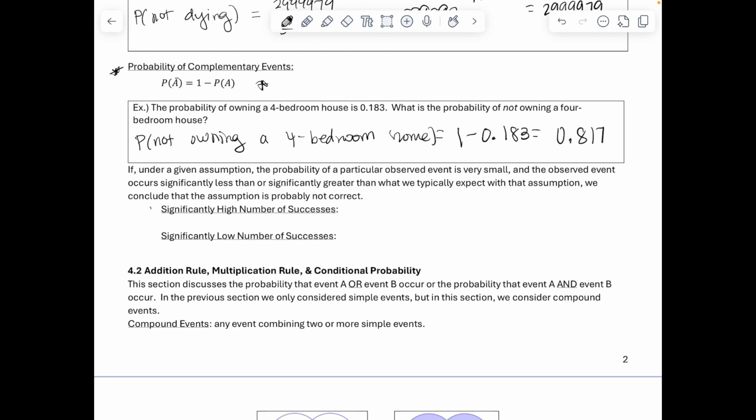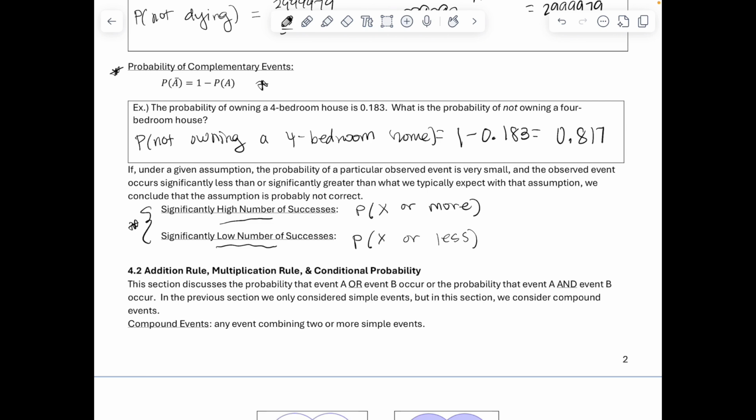So we have these words that we saw before, which is that something is significantly high or significantly low. And so for a significantly high number of successes, we look at the probability of X or more. And the second one says a low number of successes is going to be the probability of X or less.